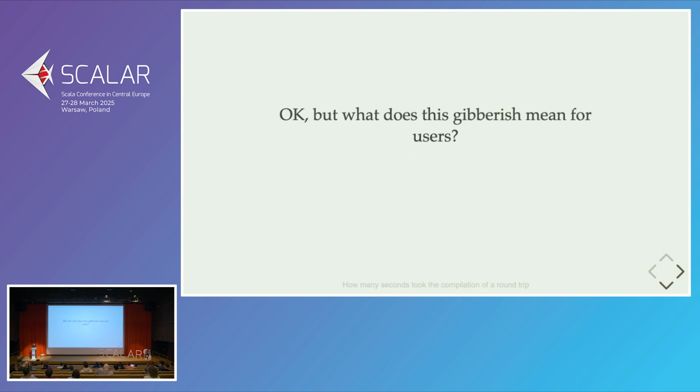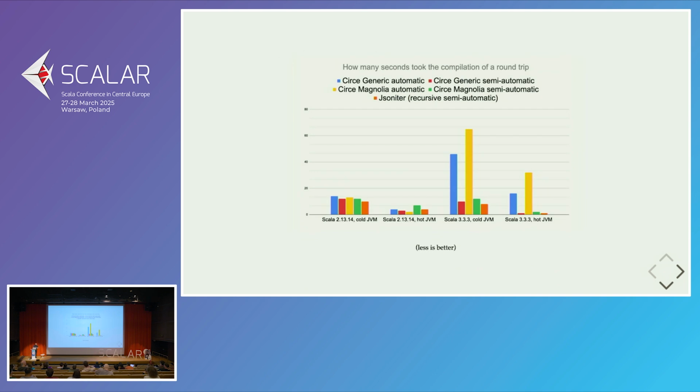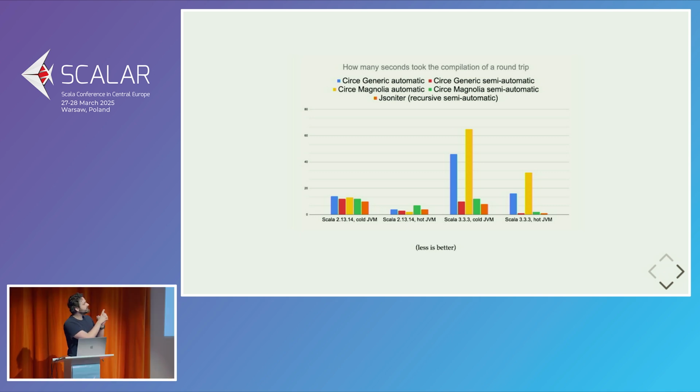What are the numbers? Well, the numbers are that jsoniter is much faster than anything that we can achieve with Circe, whether it's automatic or semi-automatic derivation. Benchmarks show that it's much better. Those are for now benchmarks for the compile time.